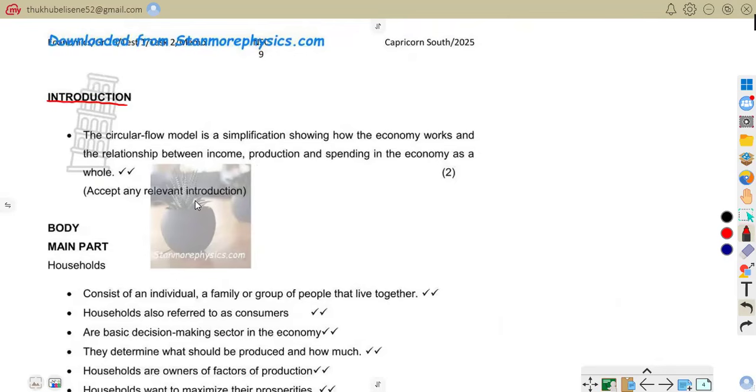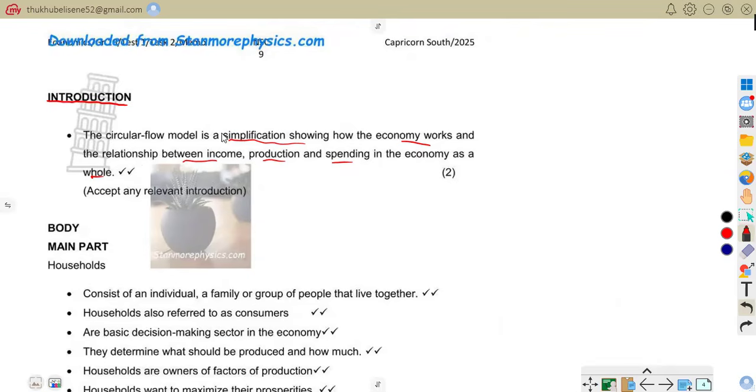Here we are on the introduction. Our introduction reads as follows: the circular flow model is a simplification of showing how the economy works and the relationship between income, production, and spending in the economy as a whole.